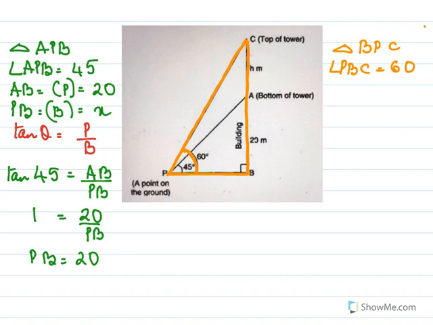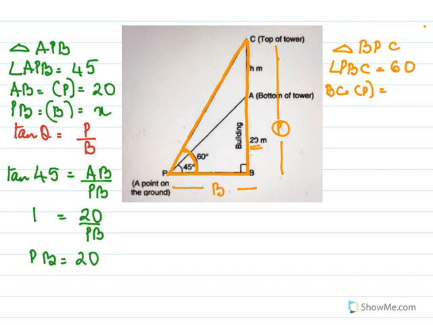Again we try to find which is the perpendicular and base. In this case you see the perpendicular will be this entire side, and this will be the base. So let's write that. We have BC as the perpendicular.